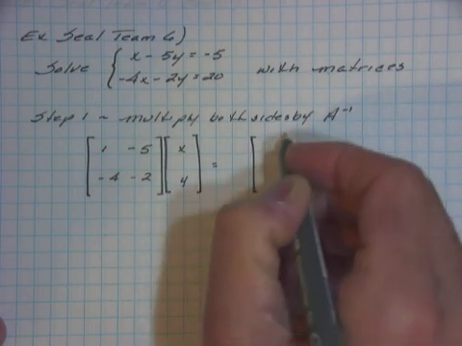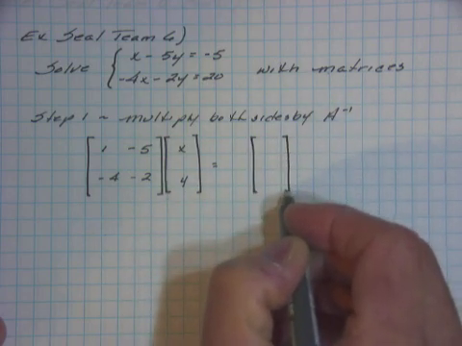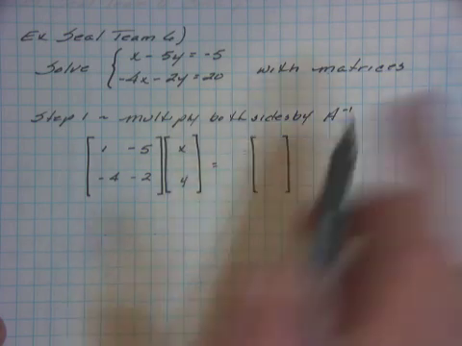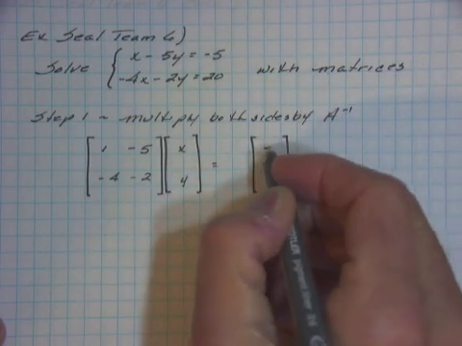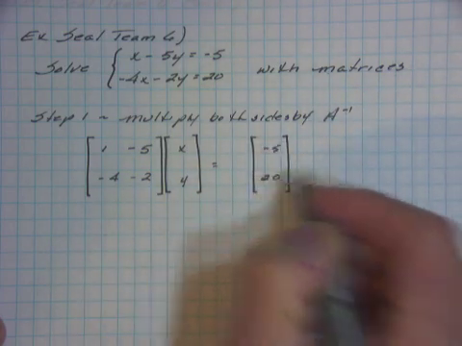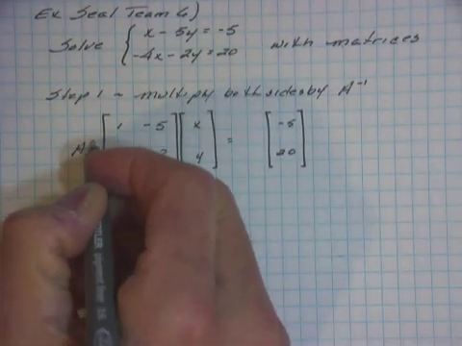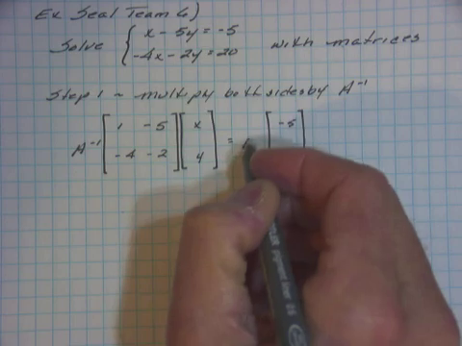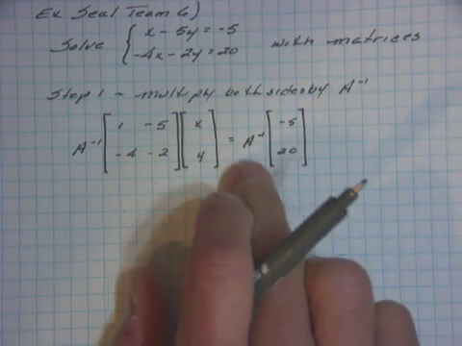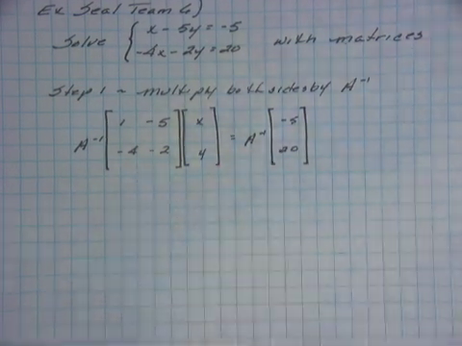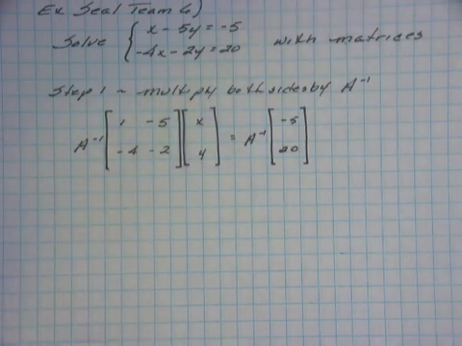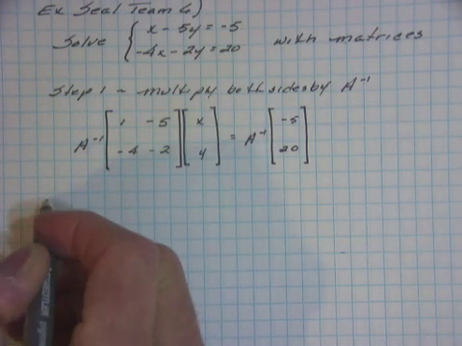And we have the solution matrix. Notice the gap I left here, that was intentional. We have -5 and 20. Now we're going to multiply both sides by the inverse matrix. So that's A -1 and A -1. I had to put this in front because remember, multiplication of matrices is not commutative.